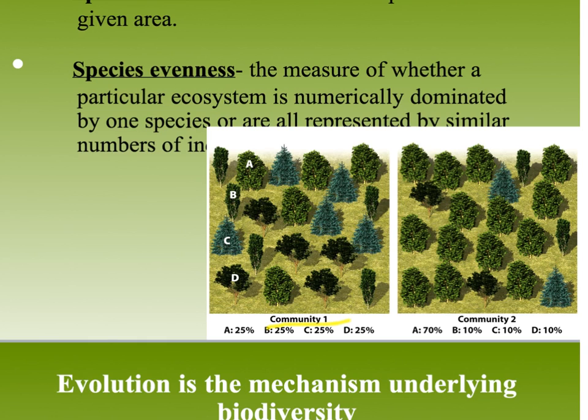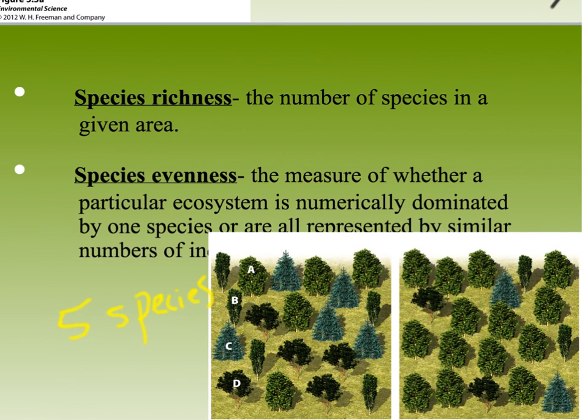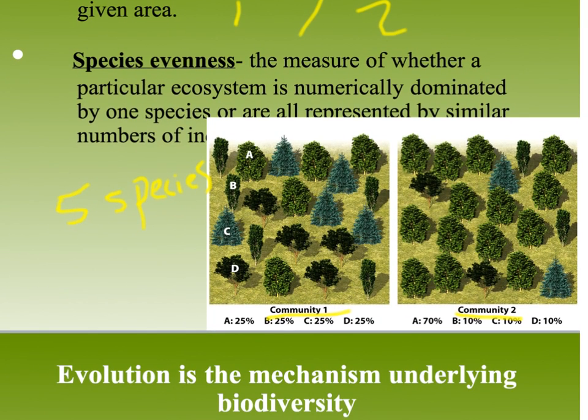Communities 1 and 2 both have 5 species of trees. So the species richness is exactly the same for both.